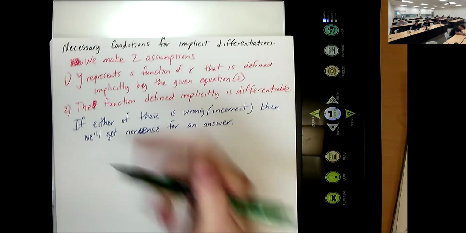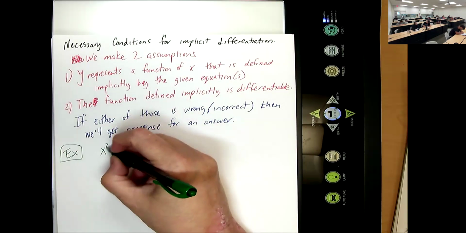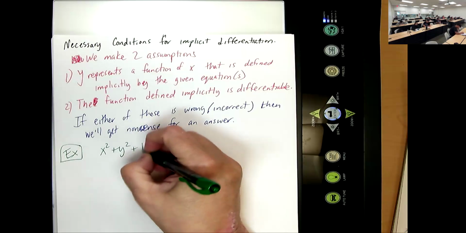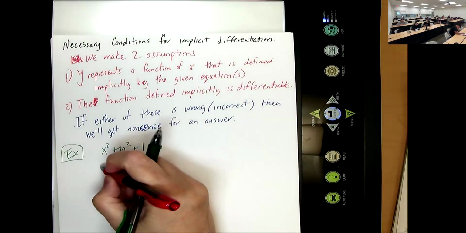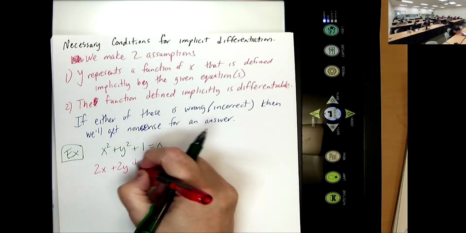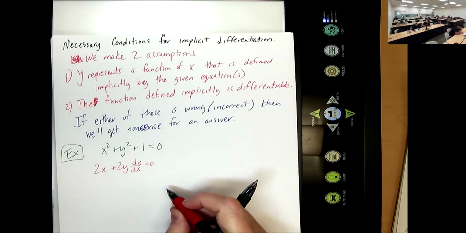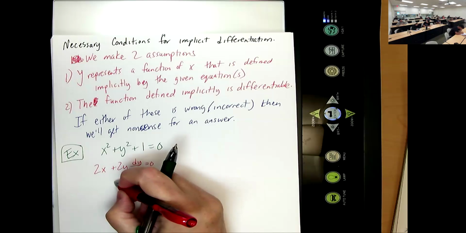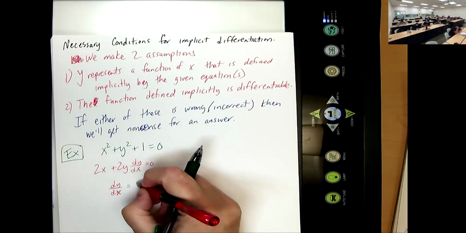For example, x squared plus y squared plus 1 equals 0. If we use implicit differentiation here, we get 2x plus 2y dy dx equals 0. And after we solve for dy dx, we're going to get negative x over y.